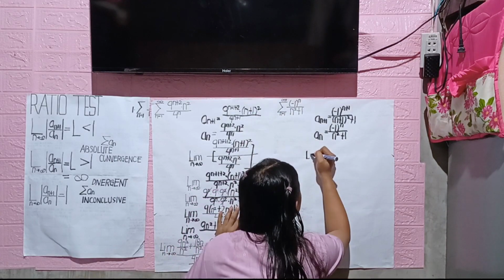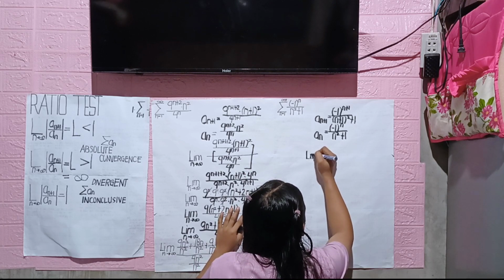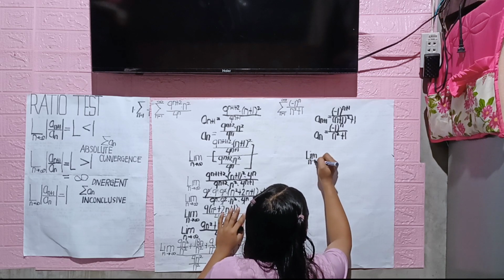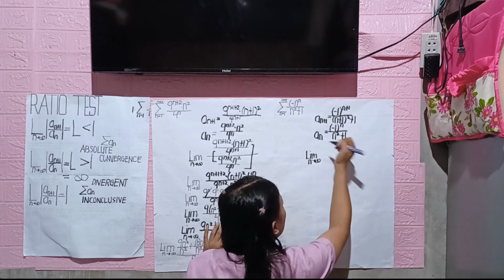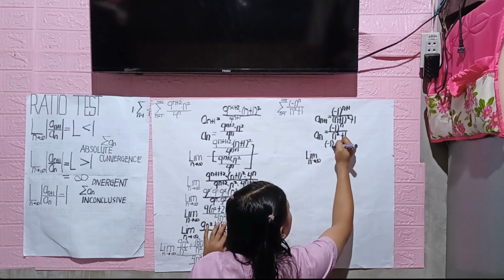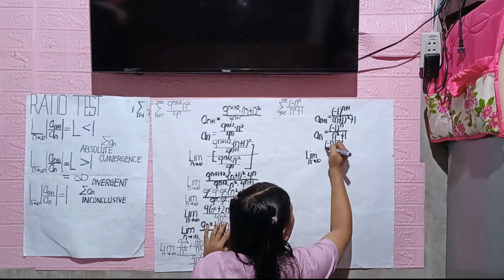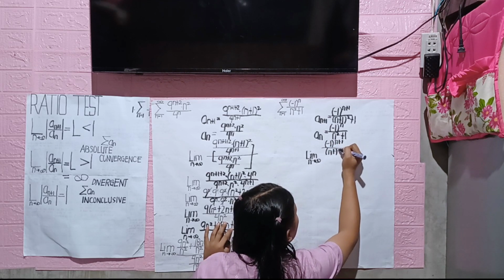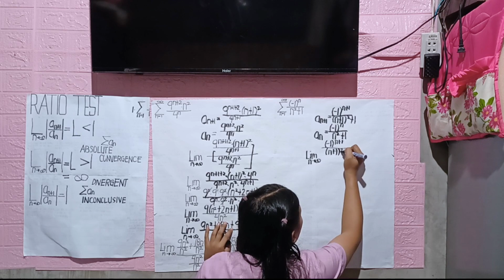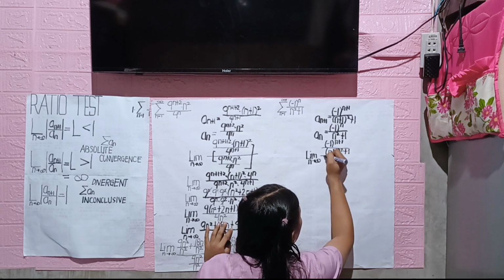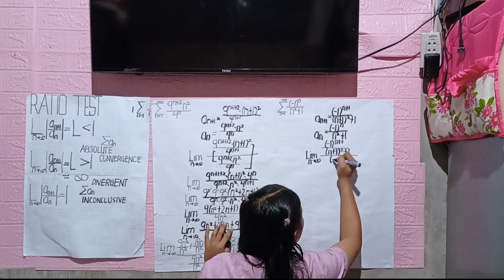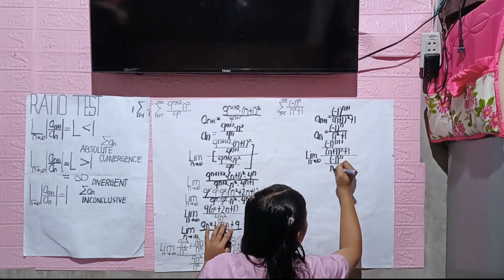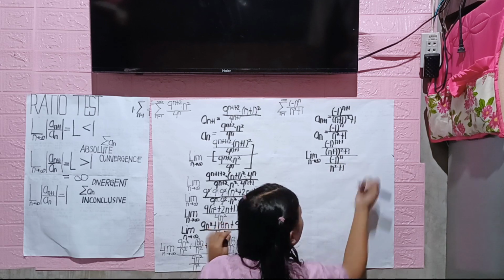So, limit n goes to infinity. So, negative 1 raised to n plus 1 over n plus 1 squared plus 1 divided by negative 1 raised to n over n squared plus 1.